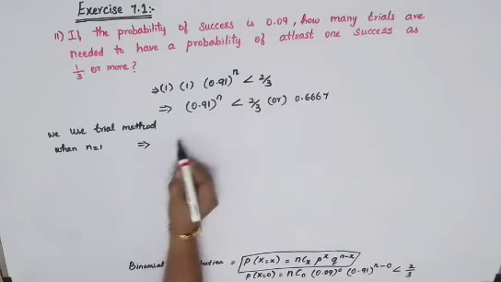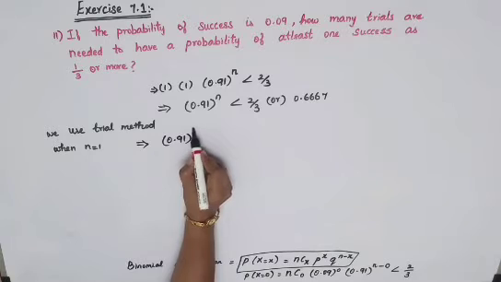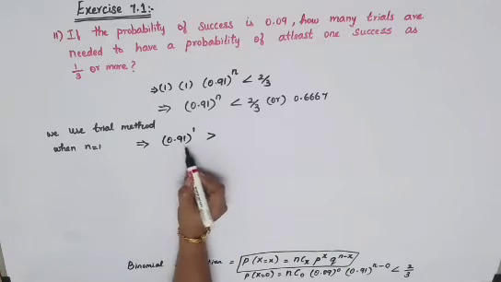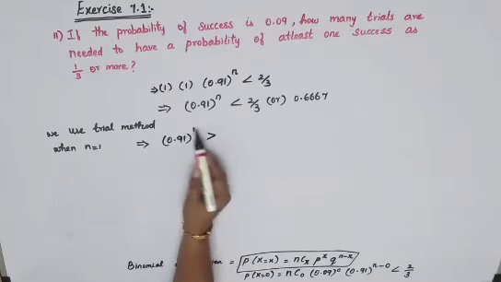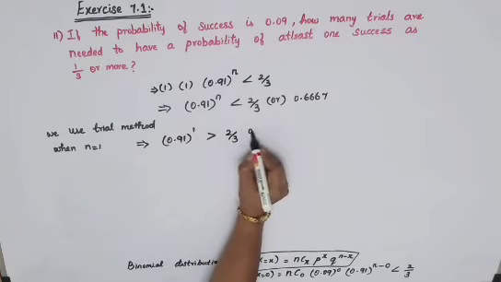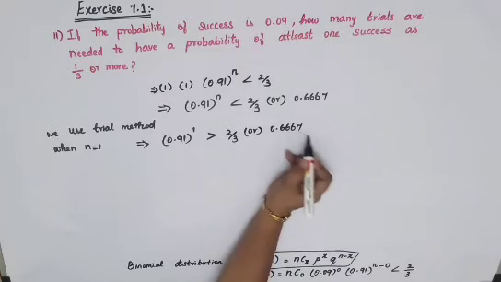That implies 0.91 the whole power 1, which is greater than, because here it is 0.91 but here it is 0.6 only. So this side will be greater than 2/3 or 0.6667, you can declare it.